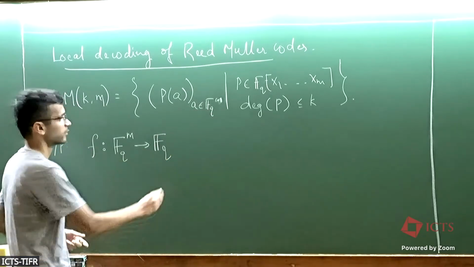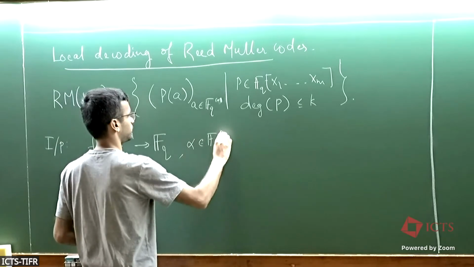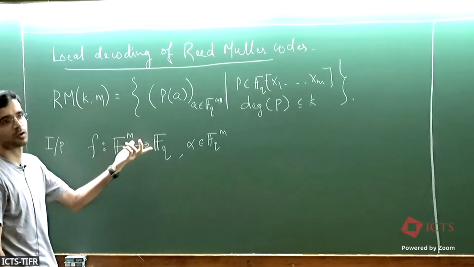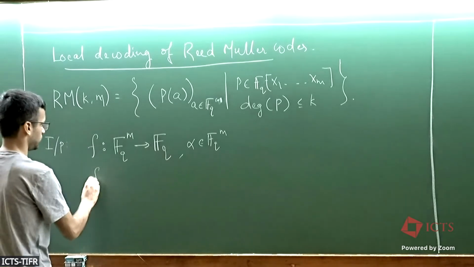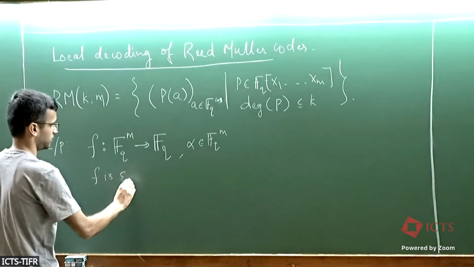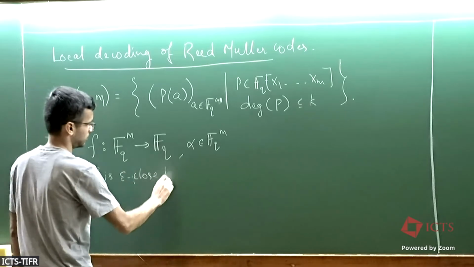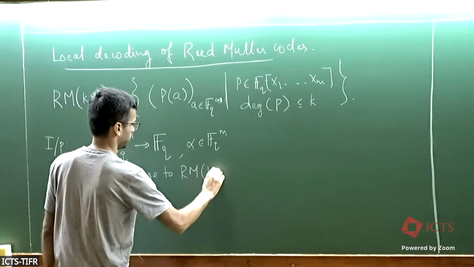And we are going to be given a location alpha in F_q to the m. We will be promised that f is epsilon close to some code word in this code, to R_m, whatever parameters we have here.